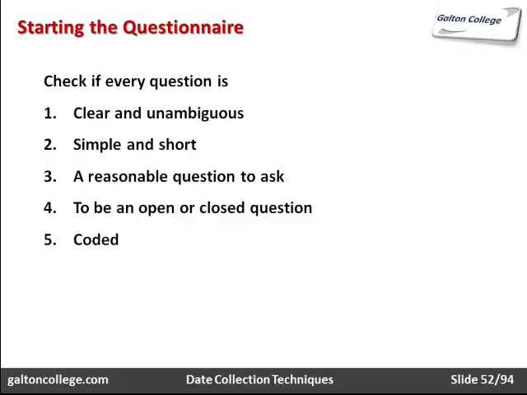And then code the questions, and code the answers, I should say, as well, so that structure for analysis is being worked out. If you're asking for attitudes, then scales have to be devised. The most popular one is the Likert scale.